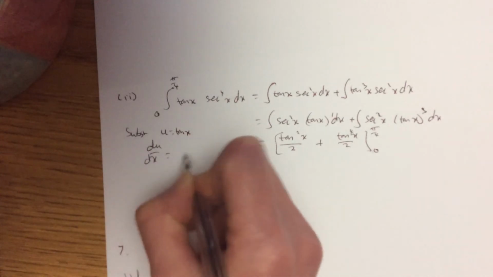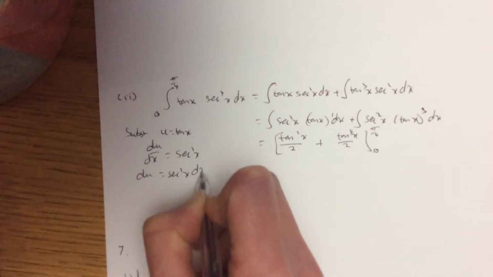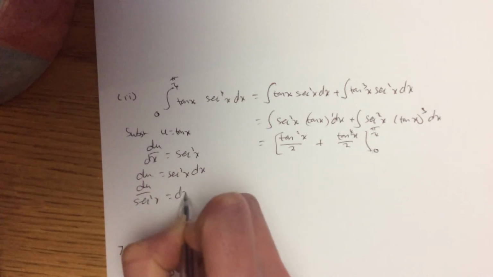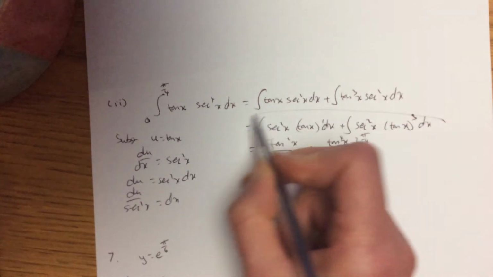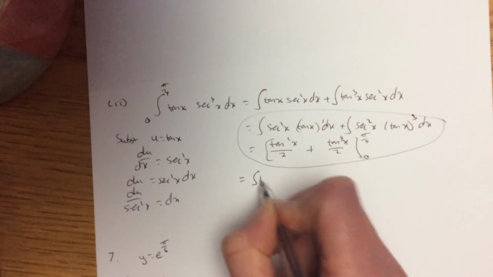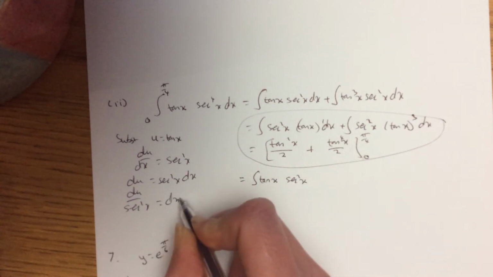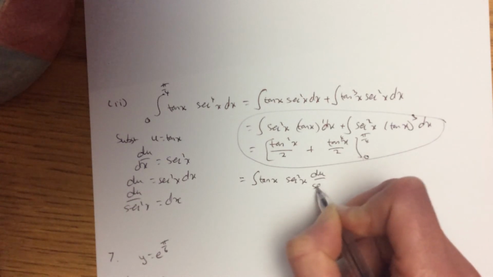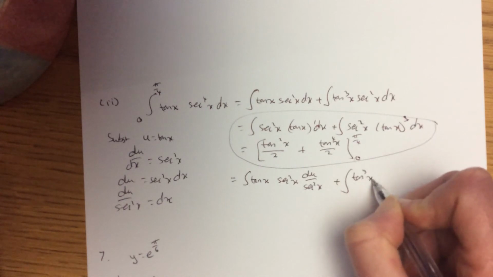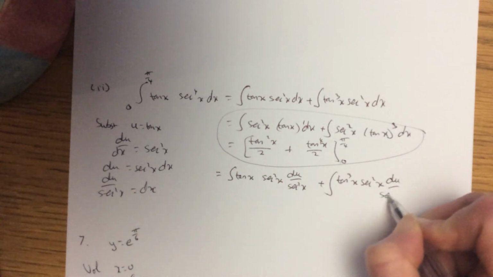du by dx. Differentiating tan, it goes to sec squared. So du is sec squared x dx. So du over sec squared x equals dx. I suppose I should take that line out. That was me just automatically doing it as a bracket. So let's have a look. So it's tan x sec squared x dx, and dx is du over sec squared x, plus tan cubed x sec squared x, and dx is du over sec squared x.